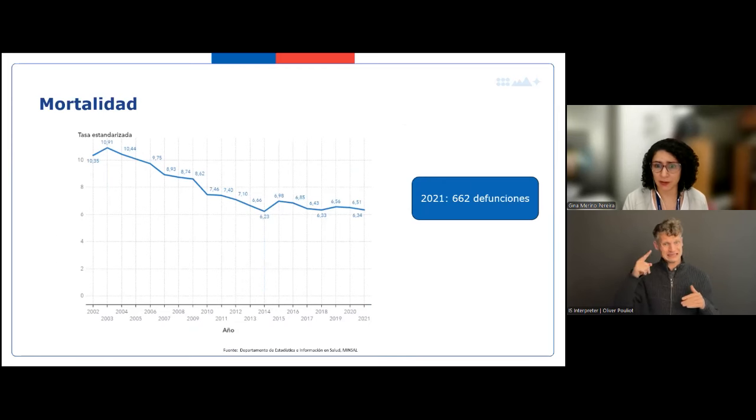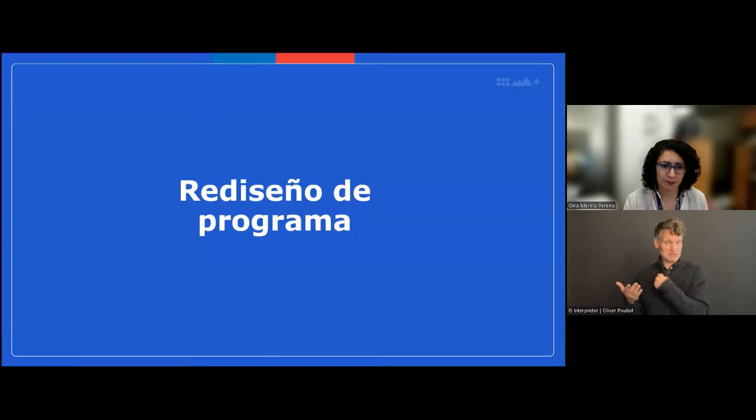Mortality is also quite important, in 7th place, and about 600 to 700 women die from cervical cancer every year.